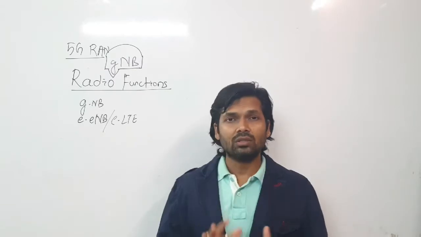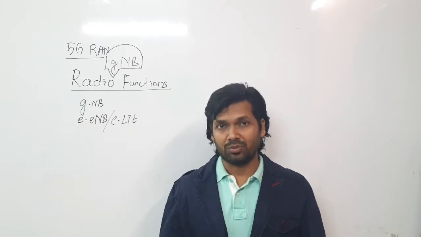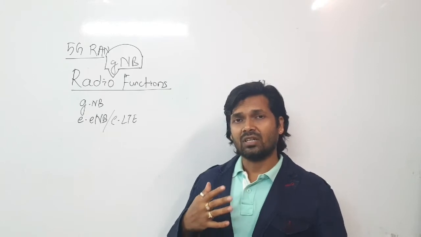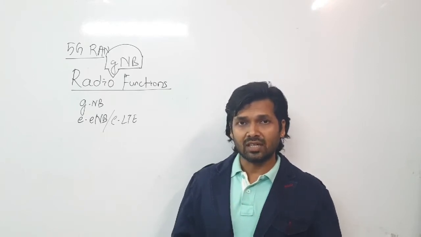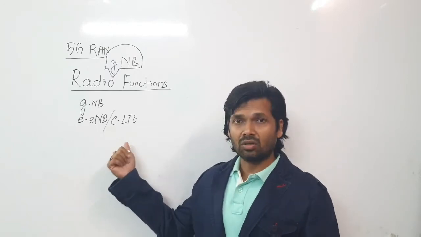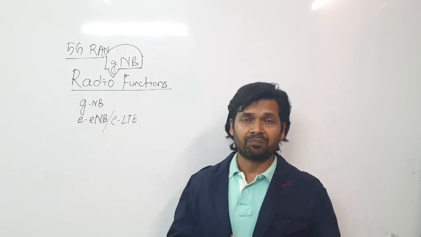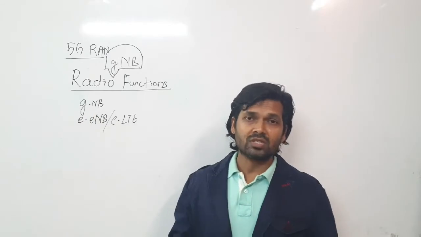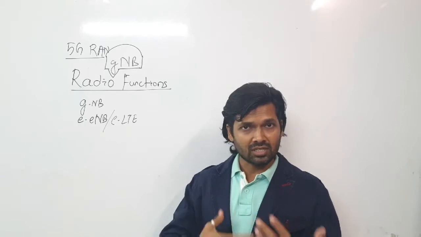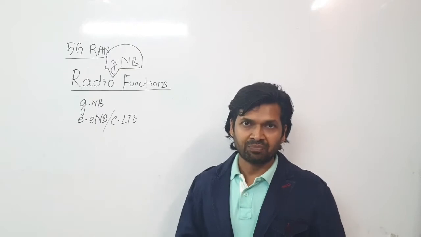So we'll discuss all the functions handled by the 5G node, the G node B or the next generation node B. And we are also increasing some of the features of the existing LTE network, and we call this new advanced node eLTE or evolved LTE or evolved eNode B. That means along with G node B, we'll also be seeing some eNode B or eLTE nodes, the advanced LTE nodes, which will support the 5G core network as well.